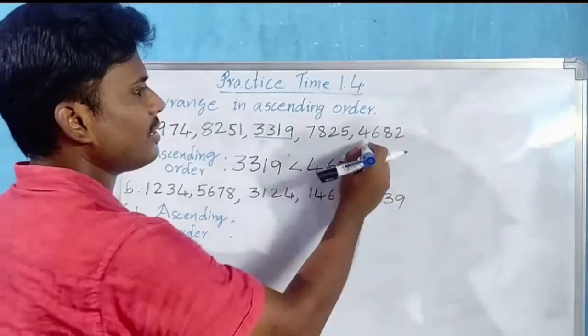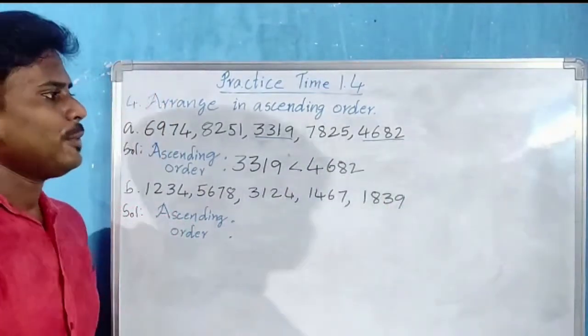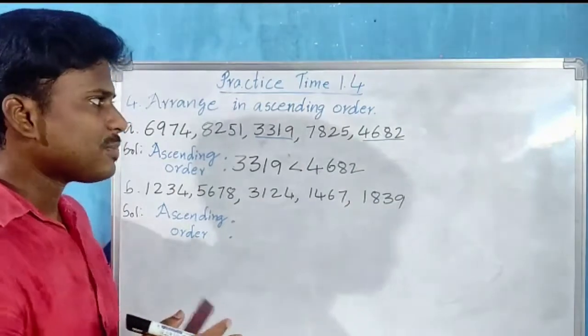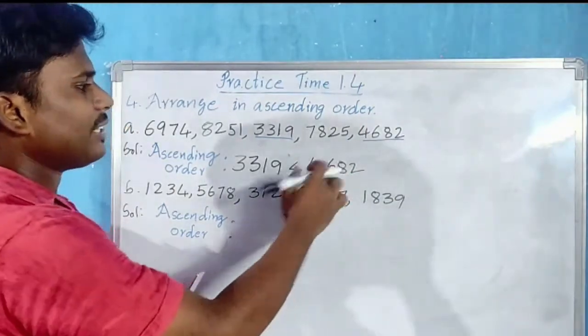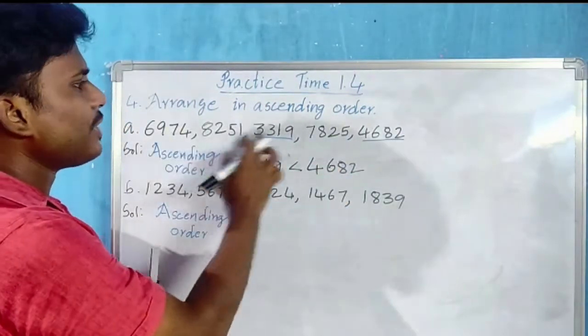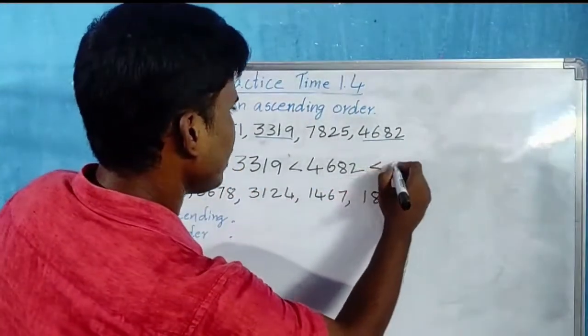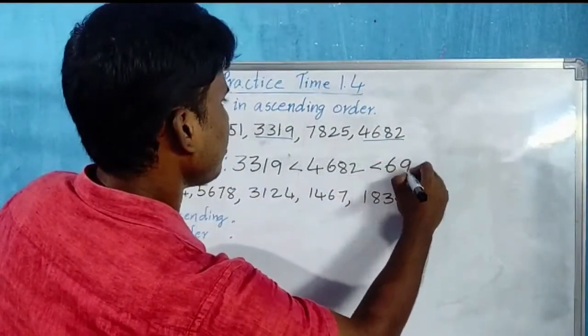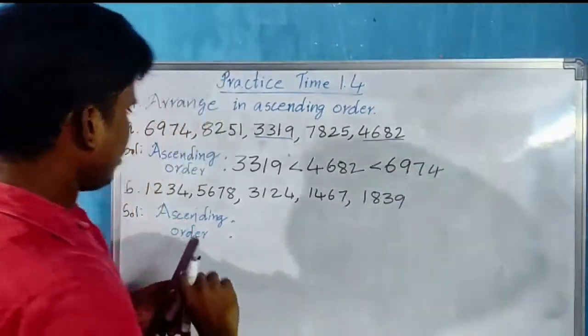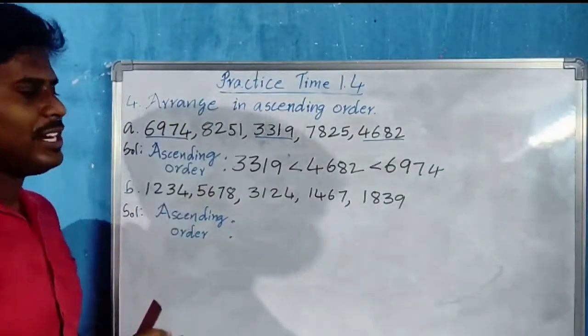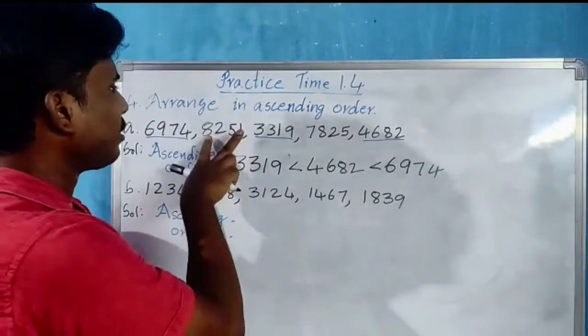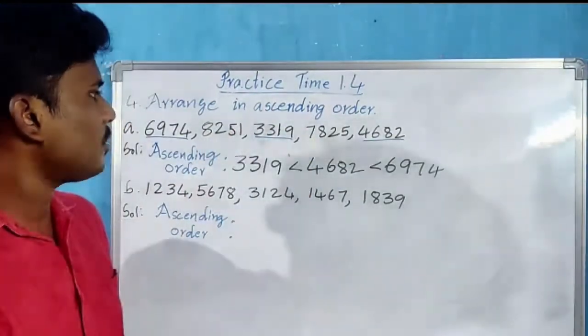As we completed, just underline this. Now same in the thousands place, which digit is greater than 4, 6, 8 or 7? It's 6. So let us write this number is less than 6974. So underline this. We are left with two numbers, 8251 and 7825.